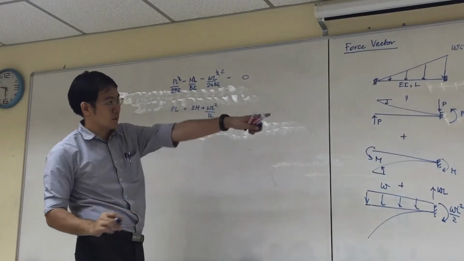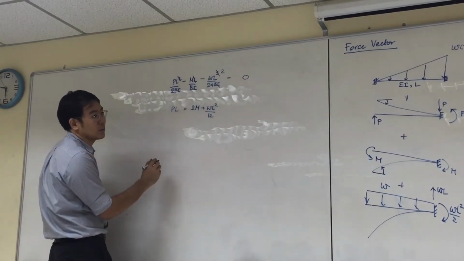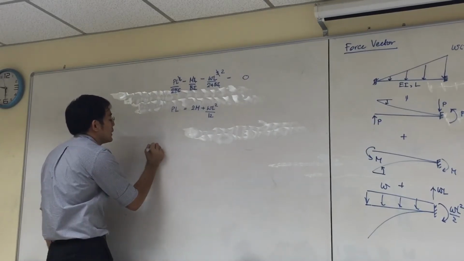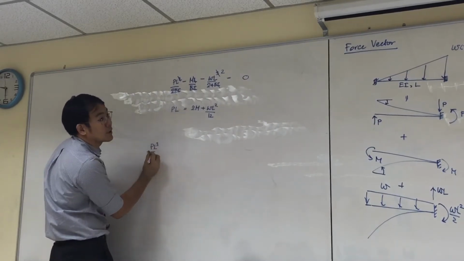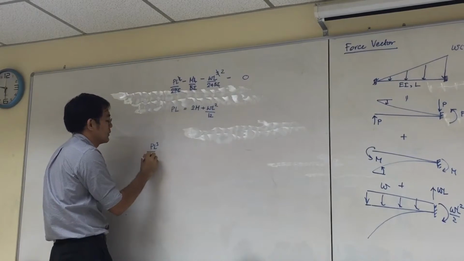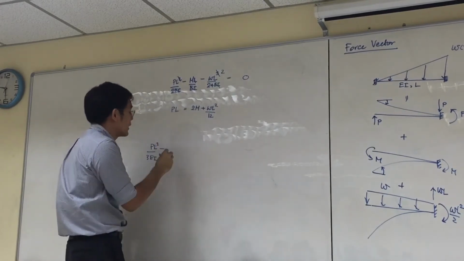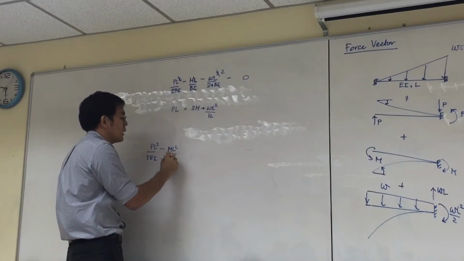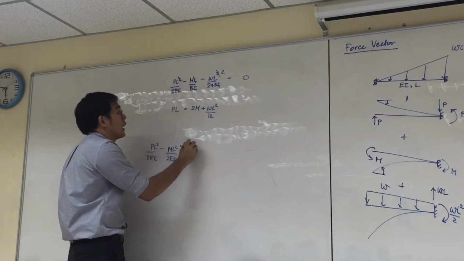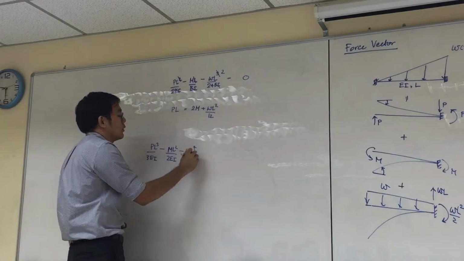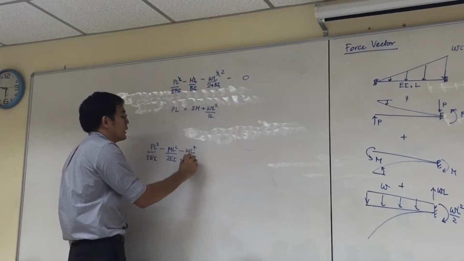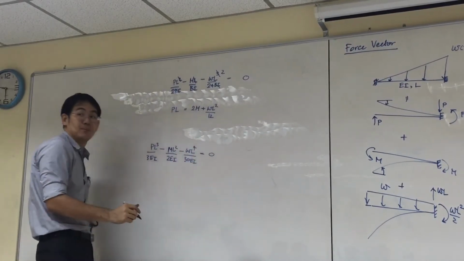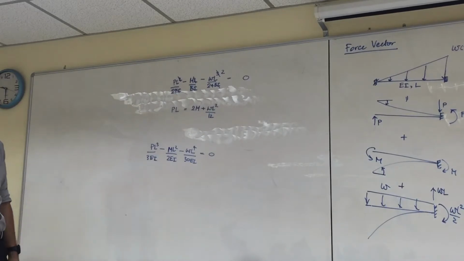Second equation, the delta equation. So we have PL cubed over 3EI minus ML square over 2EI and minus WL to the fourth over 30EI equals 0.